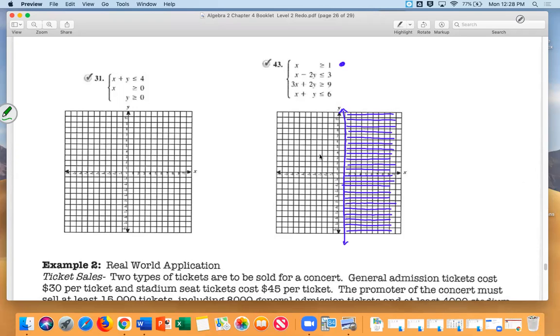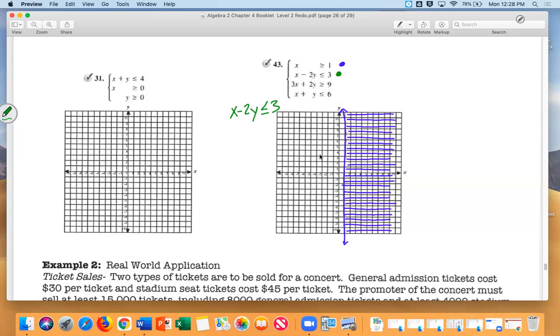All right. This guy. x minus 2y is less than or equal to 3. Now I'm going to try the cover-up method, right? Cover up the x and I get negative 2y is less than or equal to 3. Jay, what's the problem with that?